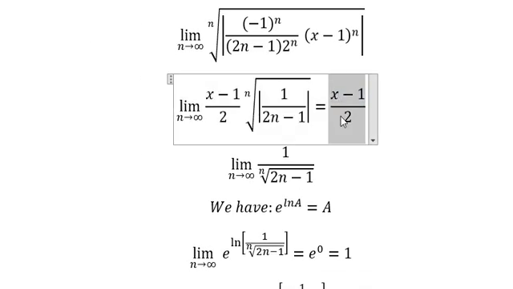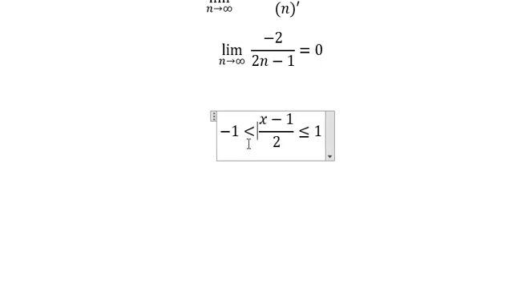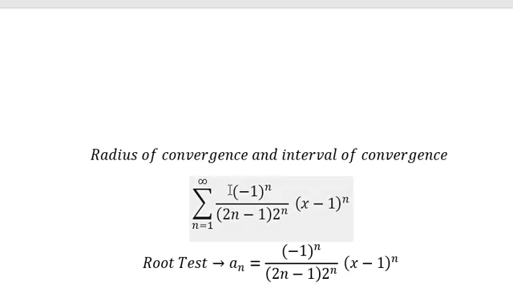So in this case, |x minus 1| over 2 should be between positive 1 and negative 1. We don't have the equal sign. If we have the equal sign in here, it will become negative, and negative combined with negative cancels.